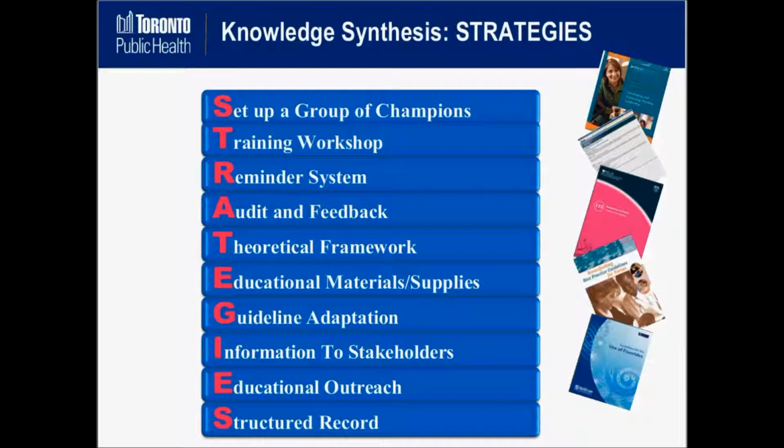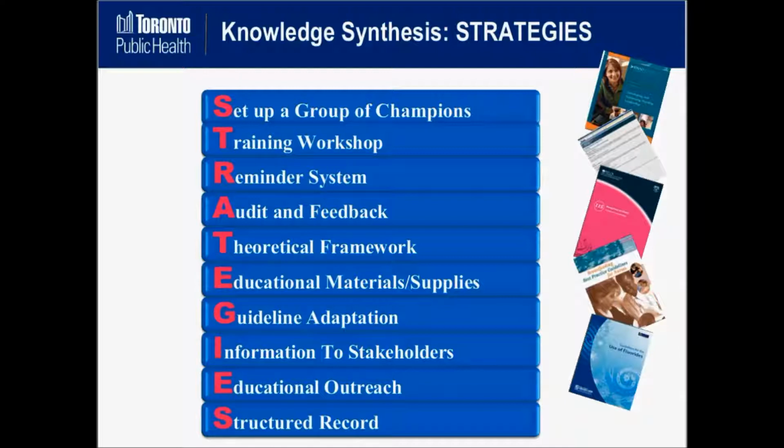The second last one is educational outreach. That is going to different teams for training and even asking them how the implementation is going. It happened also in my organization. When we implemented the smoking cessation guideline, we developed a policy, a tobacco use cessation practice policy.